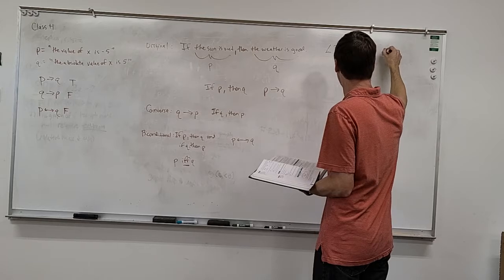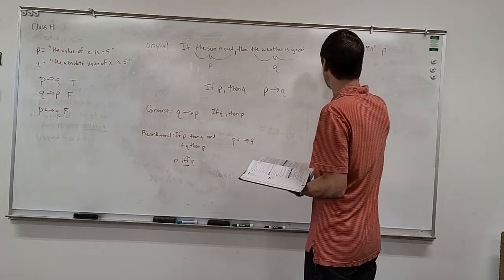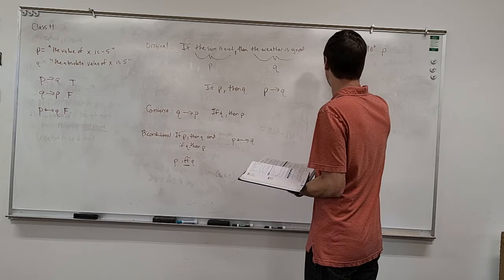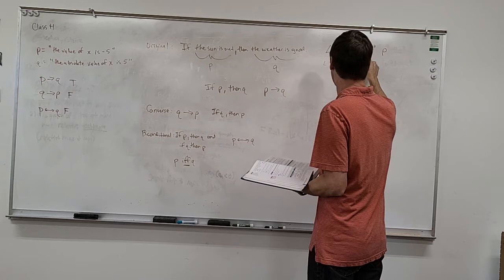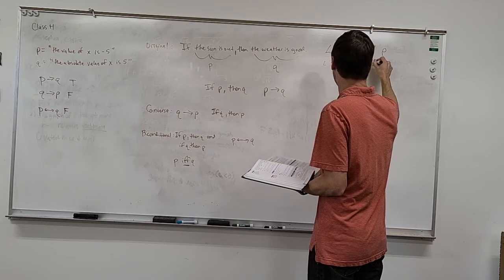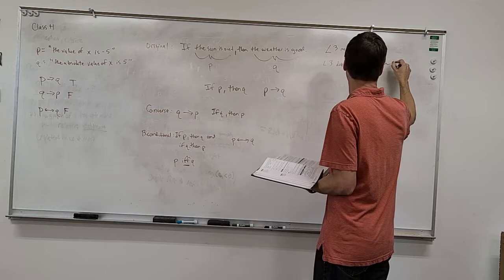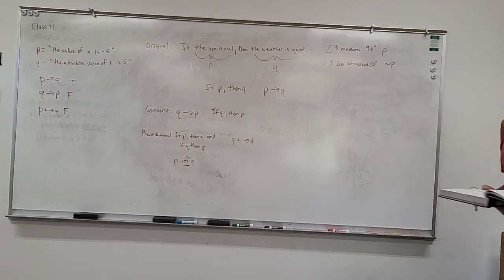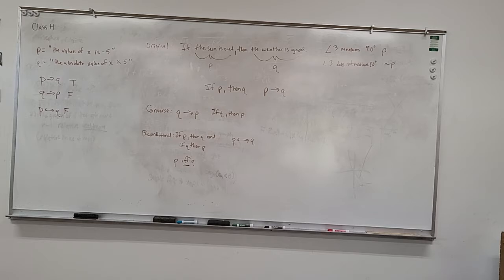And the symbol we're going to use for that is P. But if we negated that and said angle 3 does not measure 90 degrees, then we would negate that by what we call a tilde symbol, a little squiggly line. It's like the little squiggly line we put over an equal sign whenever we're saying that something is congruent. Right? It's the same symbol, but just all by itself.